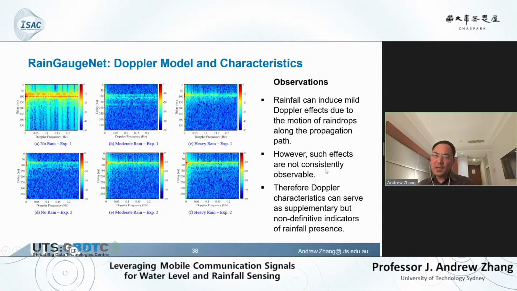Their results suggest that there are indeed different Doppler frequencies that can be observed from different rainfall intensity, but such a difference is not significant, and they are not very reliable if used as the basis for the deep learning framework.